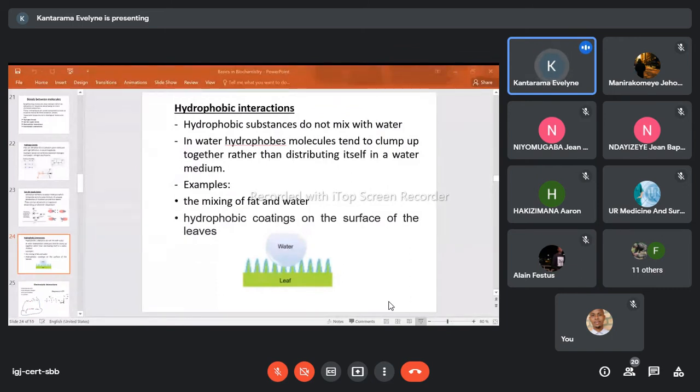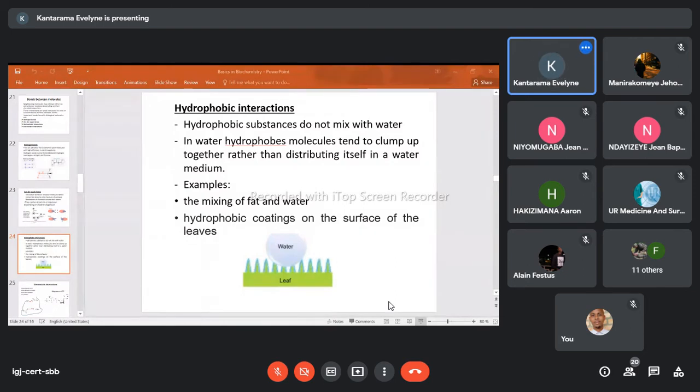For a substance to be soluble in another, there should be a kind of reaction, meaning they form a bond with that solvent. In the case of water, any substance that cannot form a bond with water cannot be soluble in water.